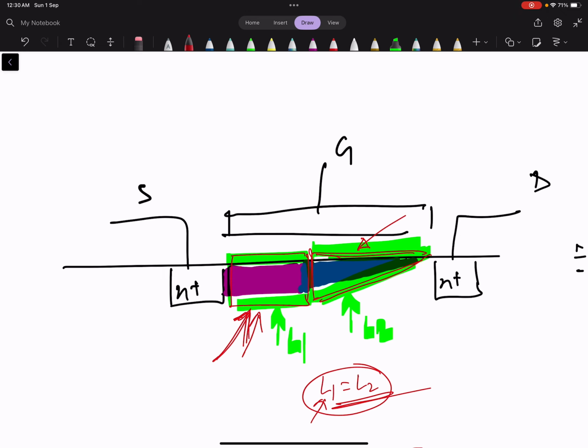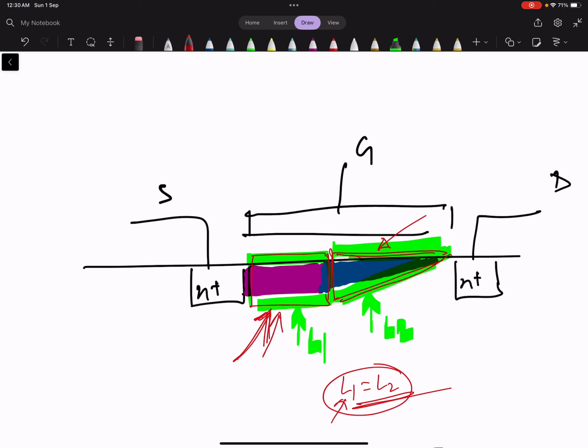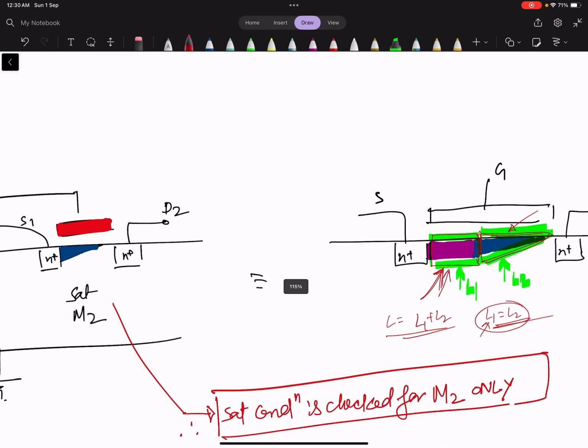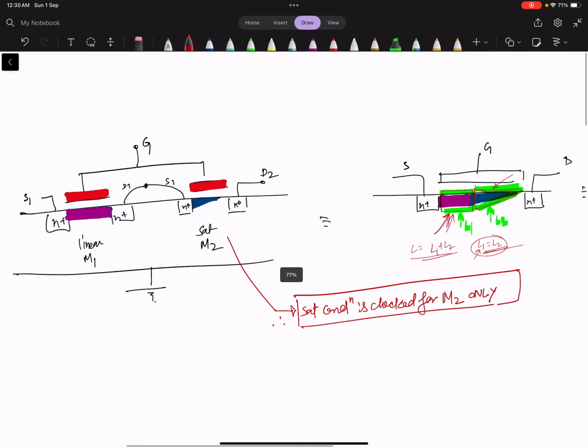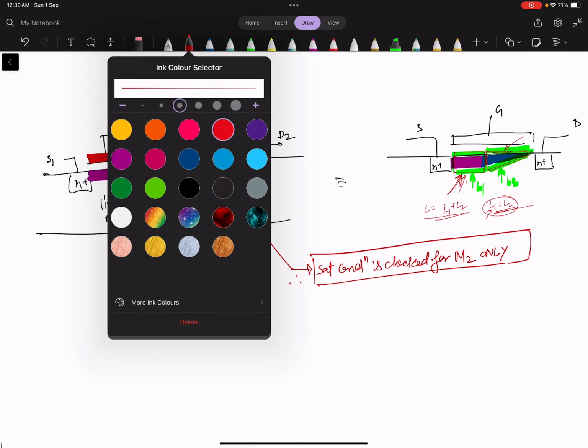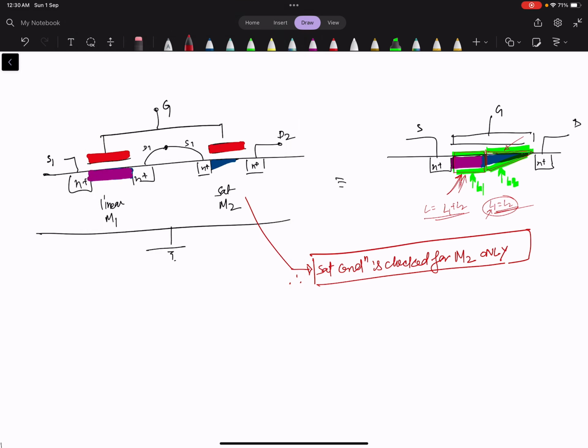So if you see this, total L is equal to L1 plus L2. So we have split this, and if you see it in a top view again, in this way.